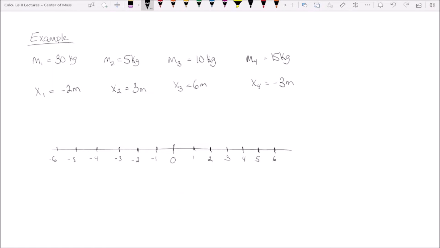Mass 1 would be located here, that's 30 kilograms. Mass 2 would be located here at 5 kilograms. Mass 3 would be located here at 10 kilograms. And mass 4 would be located here at 15 kilograms.